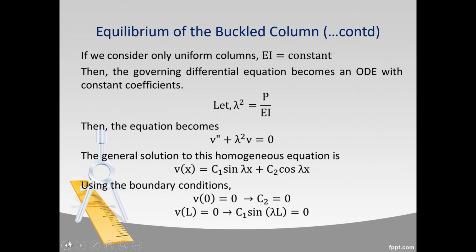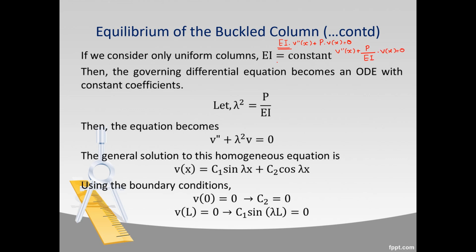So what we got was EI into V double prime x plus P into V x equals to 0. Since we are considering uniform columns, the EI is constant along the whole length. So divide both sides by EI, what we get is V double prime x plus P by EI into V x equals to 0.